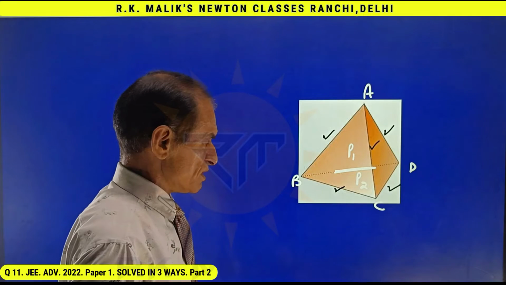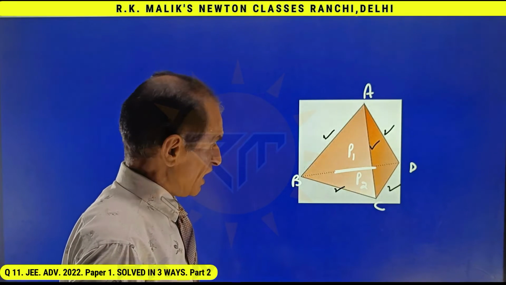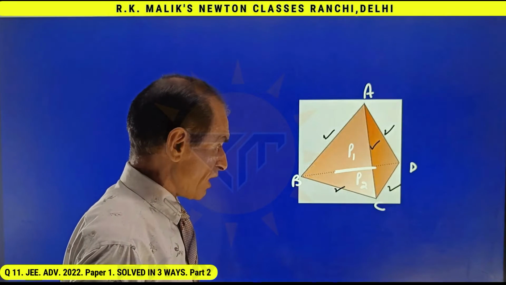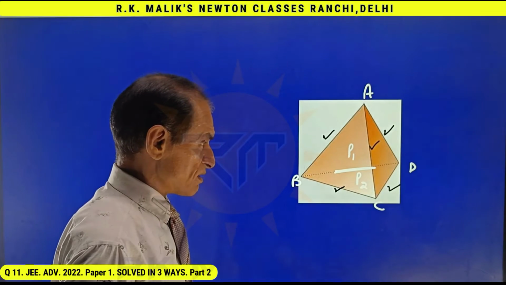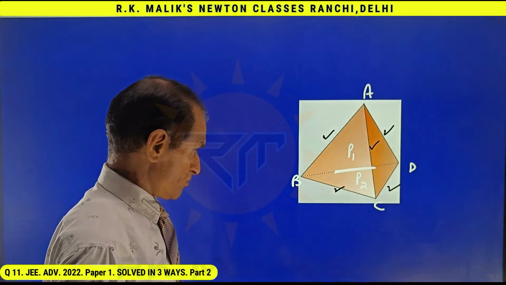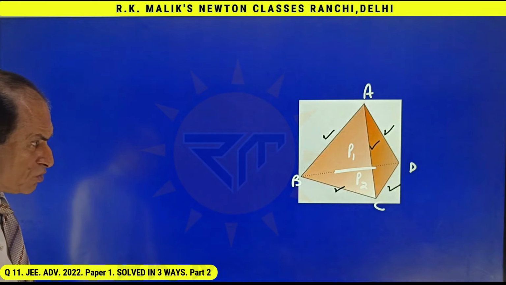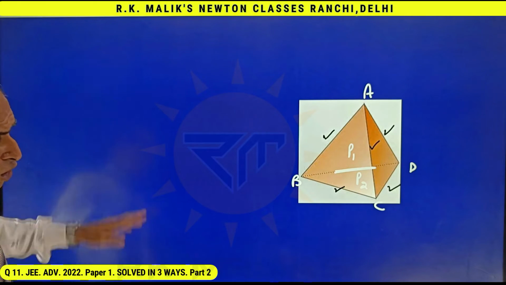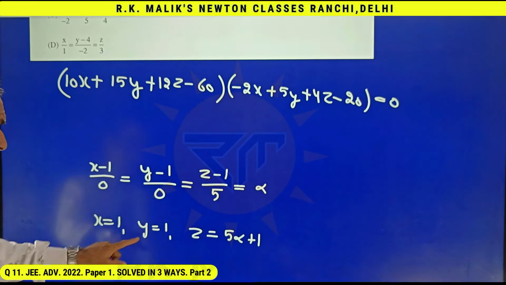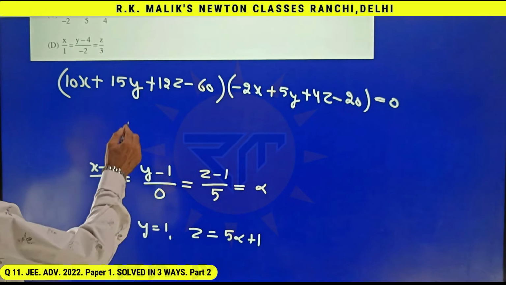In these three possibilities, the line will not be an edge of the tetrahedron, and all the cases I have discussed just now. Now let us proceed further using this for all the given lines. Let us put this point in this equation.